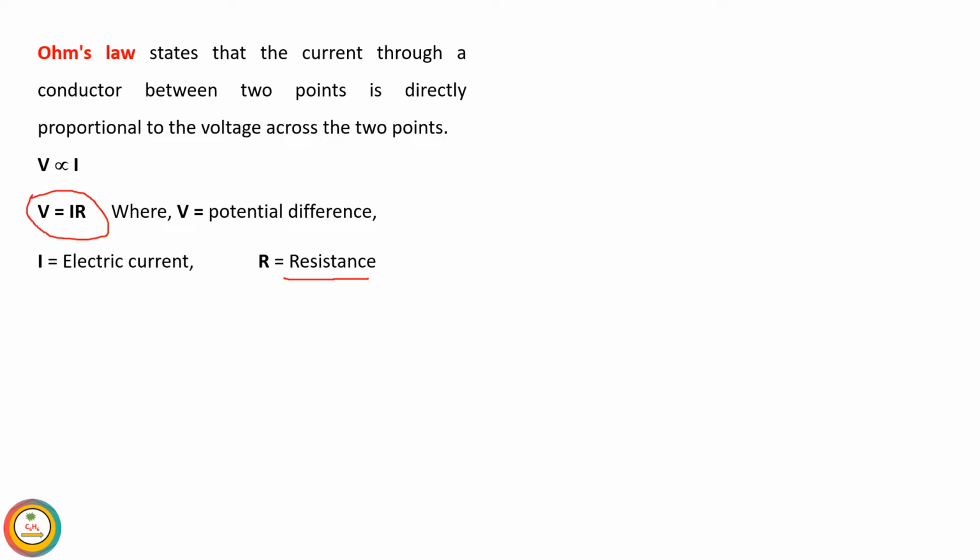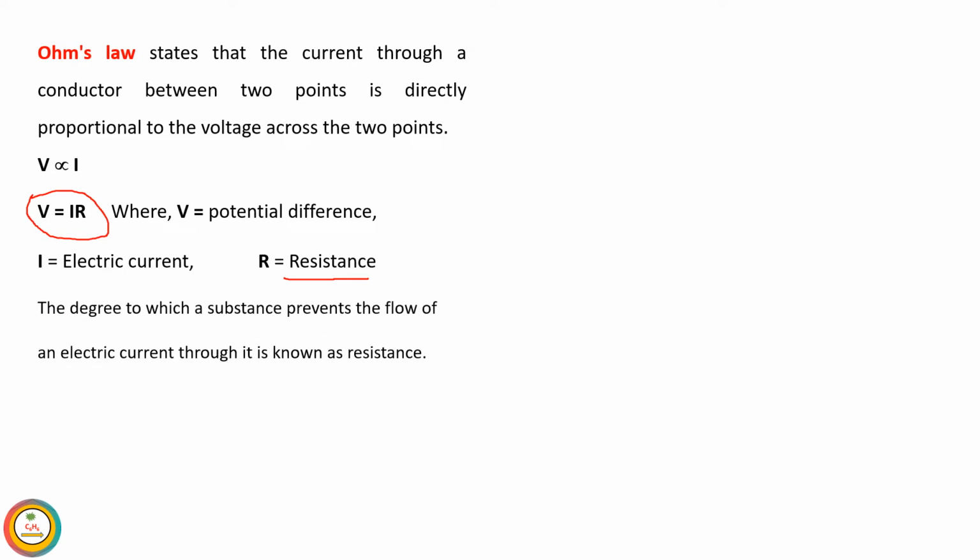By this, what is the resistance? The degree to which a substance prevents the flow of an electric current through it is known as resistance. The property of a substance that opposes the flow of electric current through it is known as the resistance.